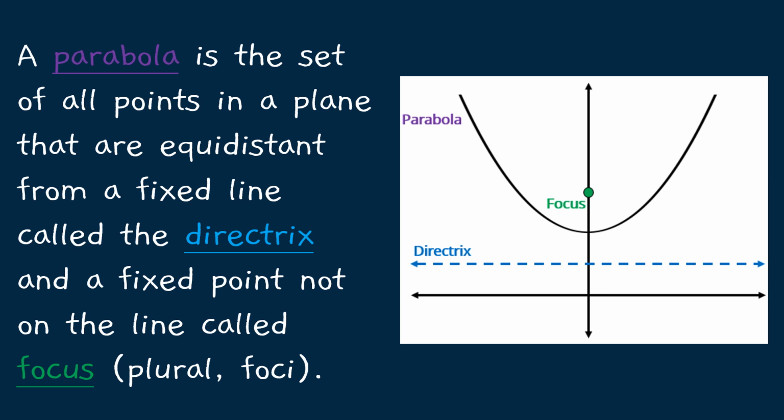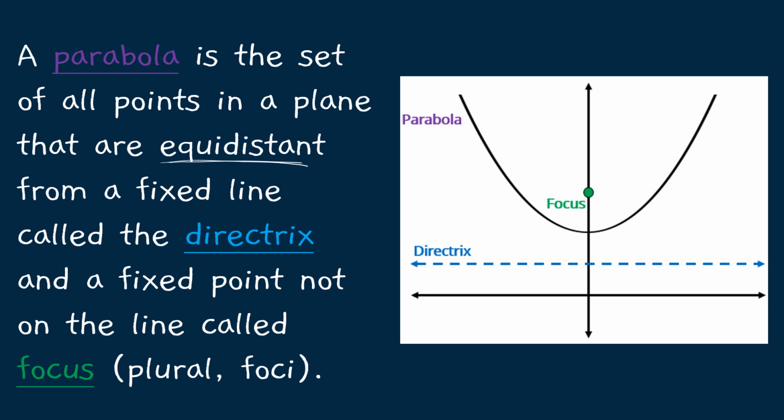From the definition, we can see that it is the set of all points in a plane that are equidistant. Same with the circle, all of the points in the circle are equidistant from the center. But in this case, the points on the parabola are equidistant to our fixed point and fixed line.